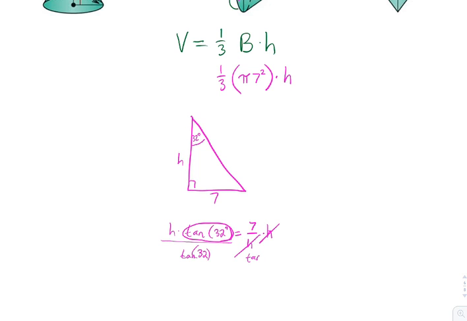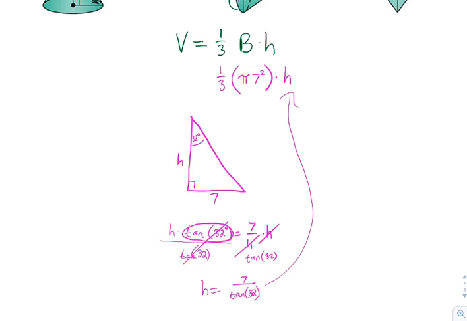And I get that h is equal to 7 divided by the tangent of 32. I go back and plug that in up here, and what I get is 1/3 of 49 pi times 7 divided by the tangent of 32. And this did not work out pretty.